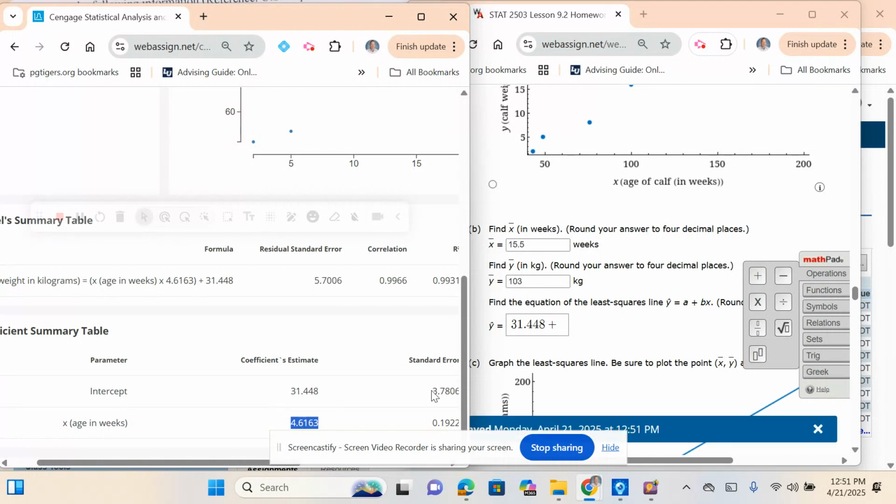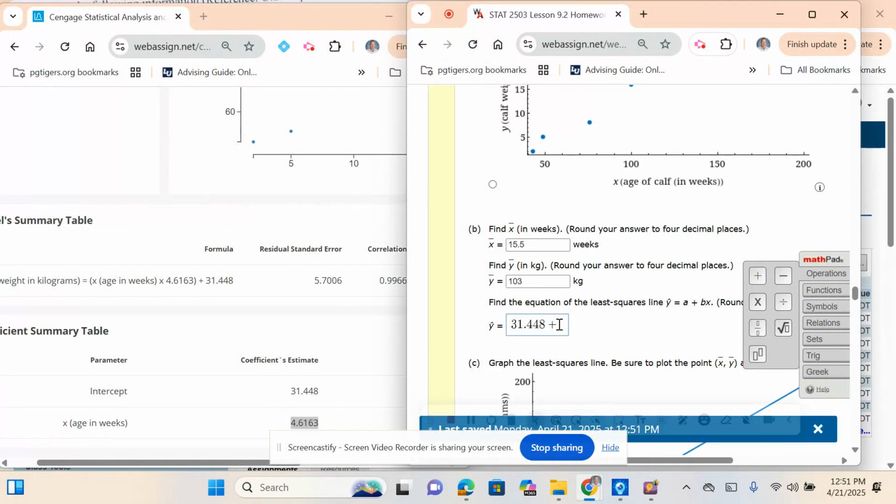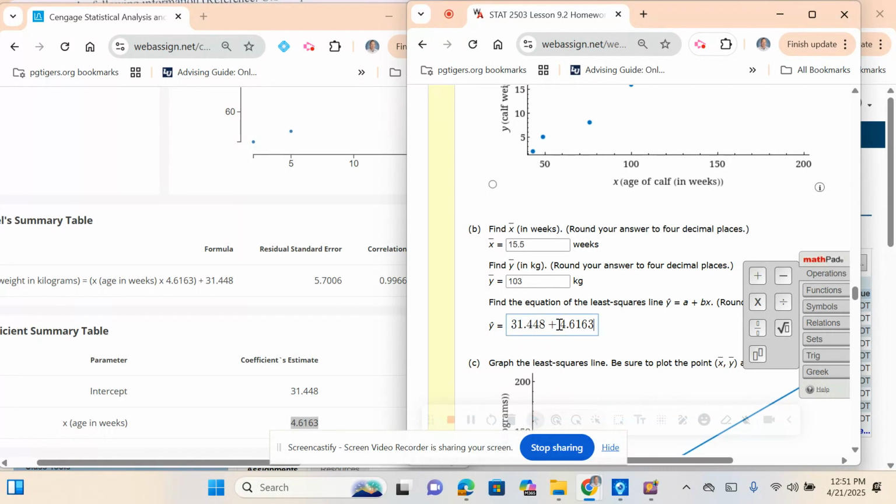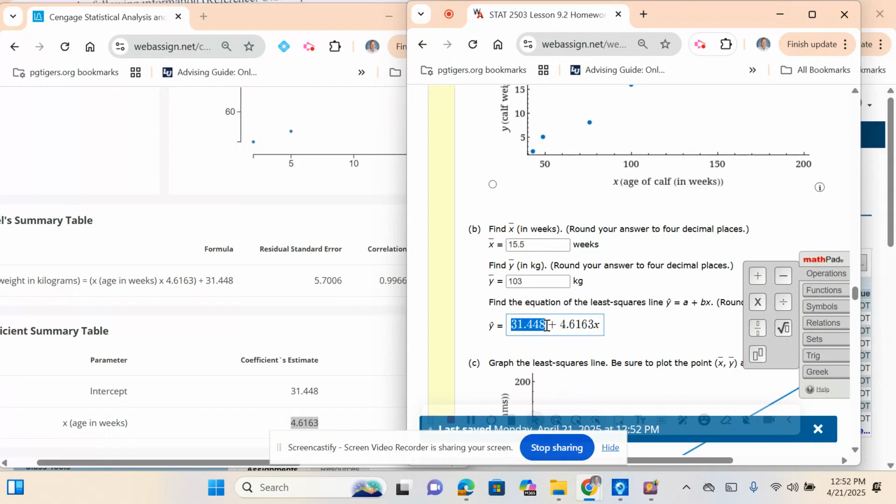Control C. Control V times X. So this is backwards from what you're used to in Algebra 1, Algebra 2. You could do it flip-flopped if you want. They wouldn't be wrong. But I start with the Y-intercept, which is that, plus this, which is the coefficient of the X, which is the slope.